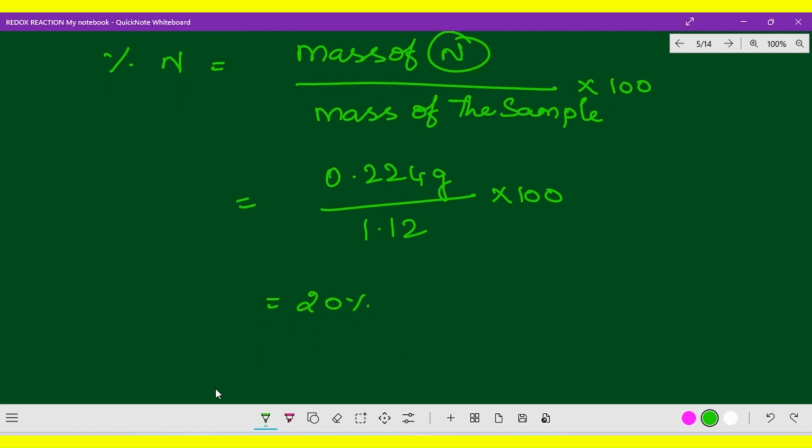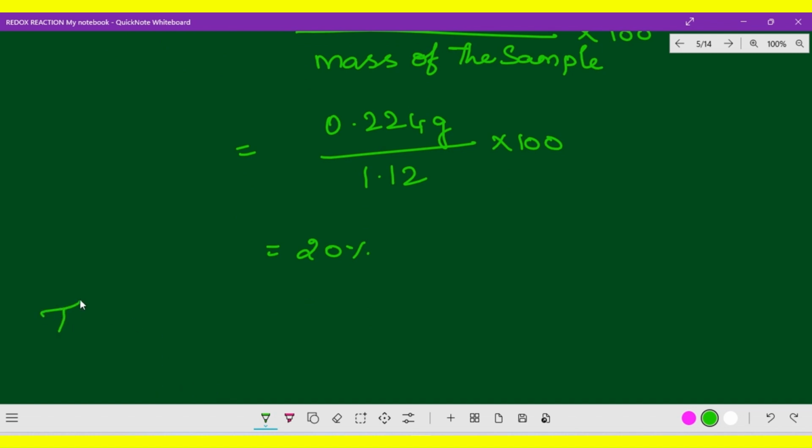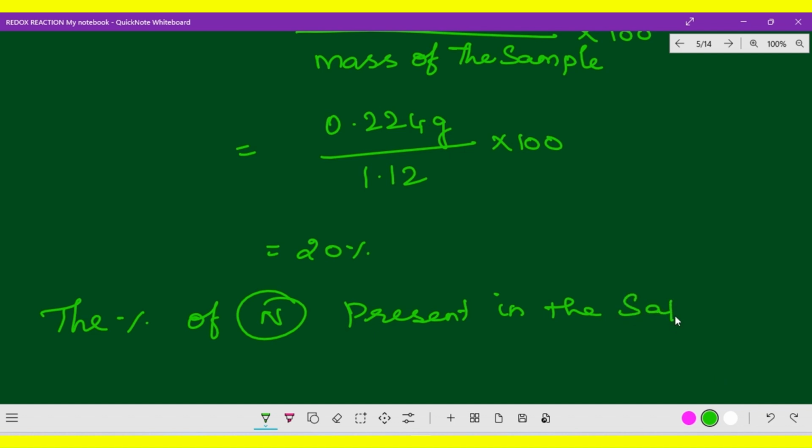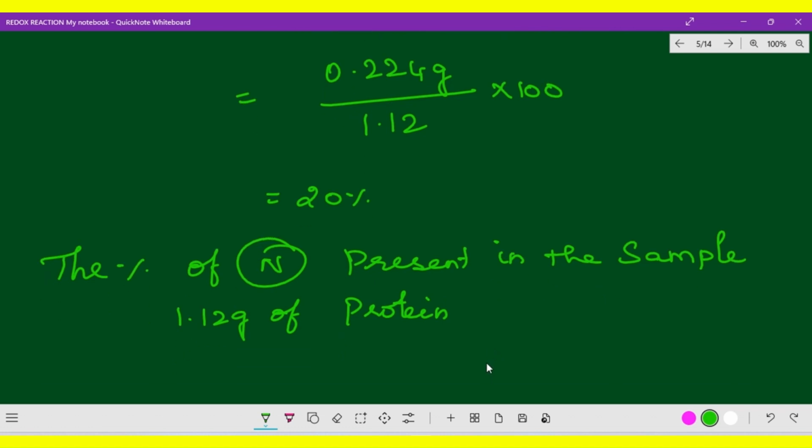So the percentage of nitrogen present in the sample, right? The sample is 1.12 gram of protein. How much percentage?